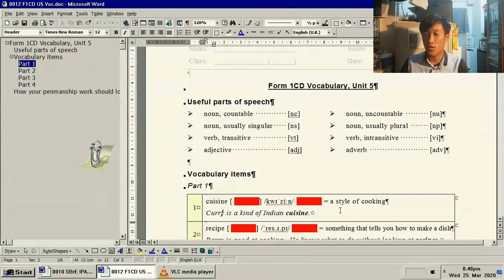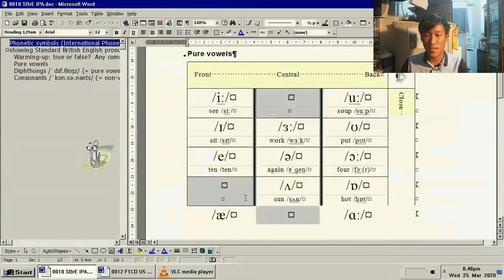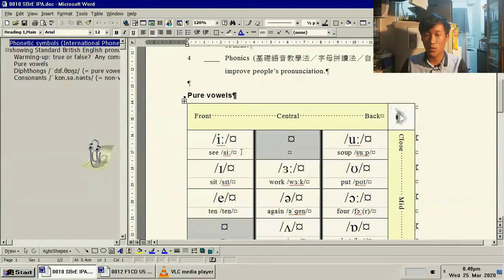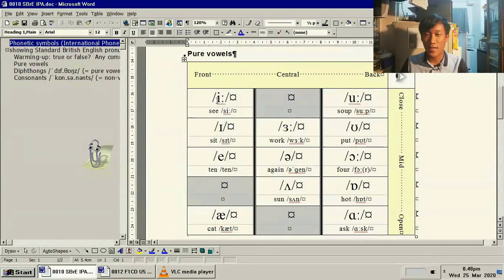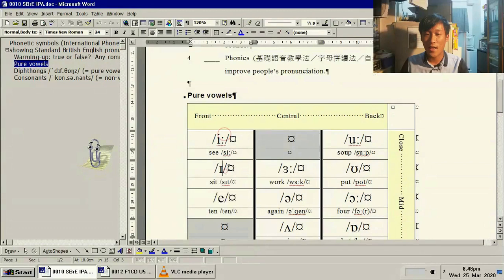Let me just talk about another thing that is new. You see another gap here. This one is the IPA. You see all the symbols here. I have already uploaded the notes as well. I think you should know the vowels very well.